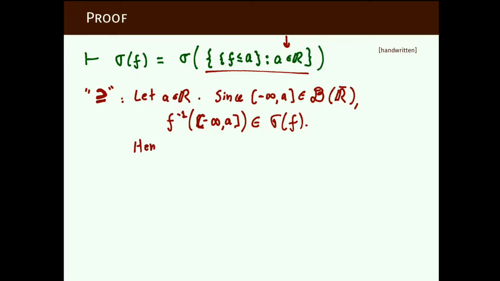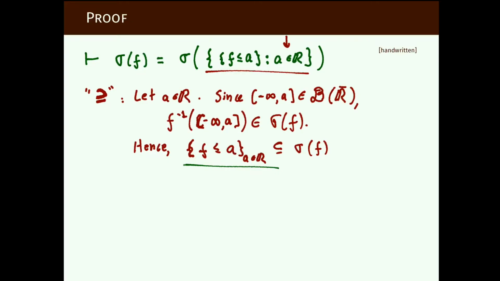So we can conclude from this that this family, the family of pre-images {f ≤ a}, indexed by finite a, is contained in the family sigma of f. This notation again is for a family of sets in the source space.